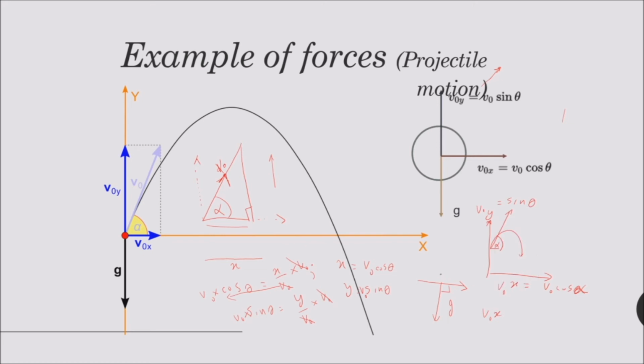But for the y portion, obviously, the x portion is going to be v0 cosine theta, or alpha. And I'm sorry, if this is theta, this is what this means.